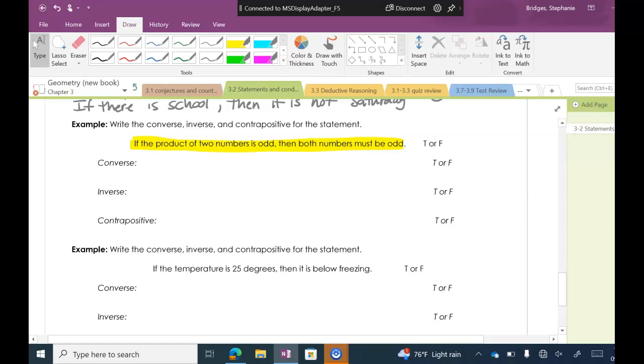My hypothesis is the product of two numbers is odd, correct? Okay. My conclusion is both numbers must be odd. So for the converse, I basically switch that around. Is that true?